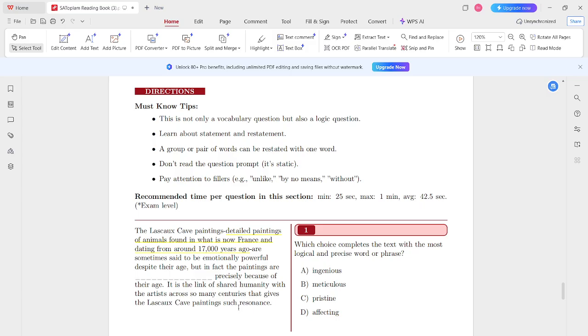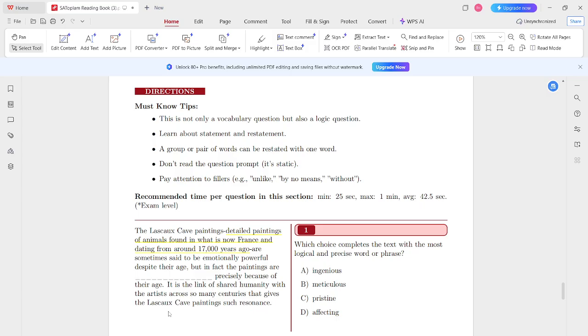So, what the text is saying is that there are paintings that date back to 1700 years ago. So they are pretty old, and it is usually mentioned that they are emotionally powerful even though they are old, despite their age. But in fact, the paintings are some word here precisely because of their age.